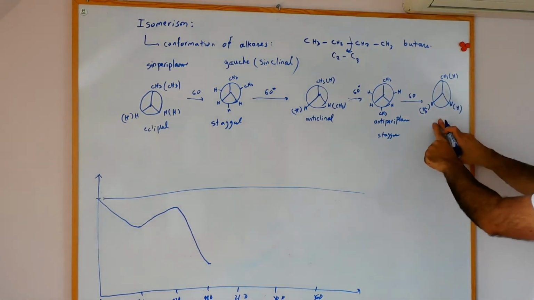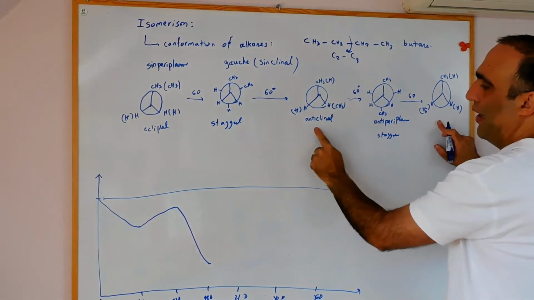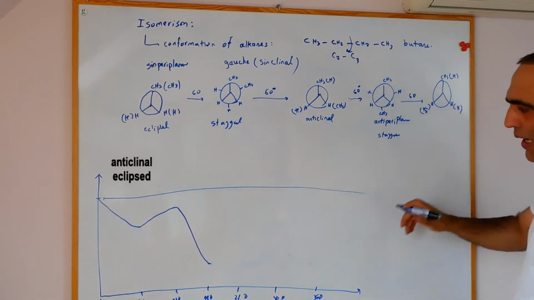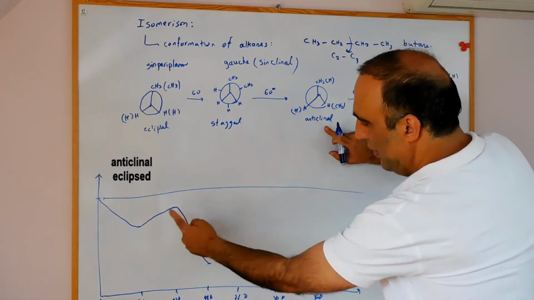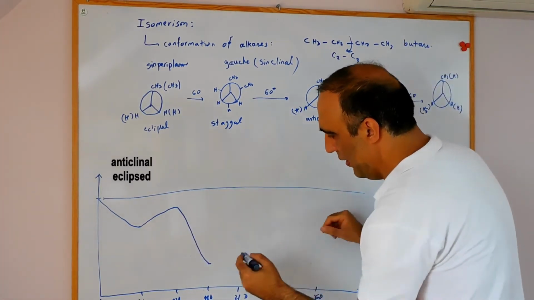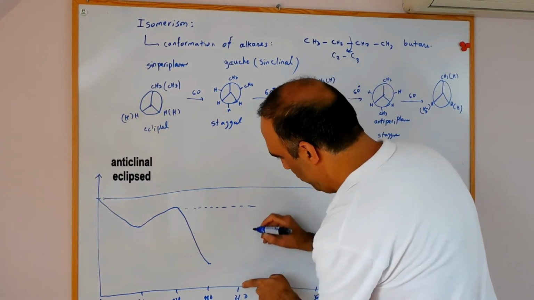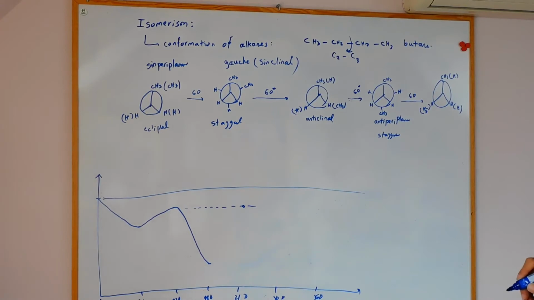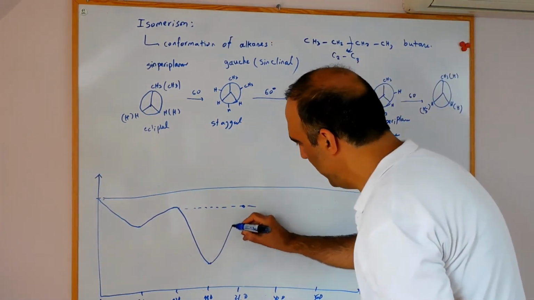As you see, this shape is exactly the shape of the anticlinal. Then we can say they are the same. And then I can show this is the anticlinal here, and at 120, 240, I also have to choose anticlinal. Okay, and the energy comes out until this place.